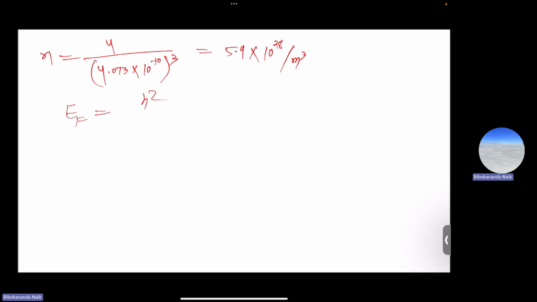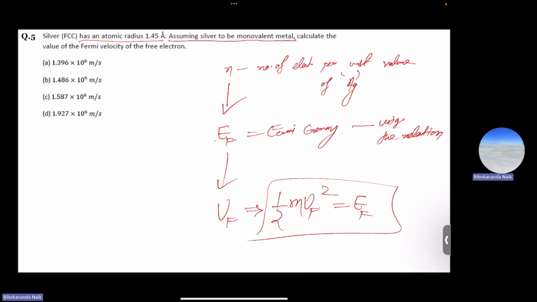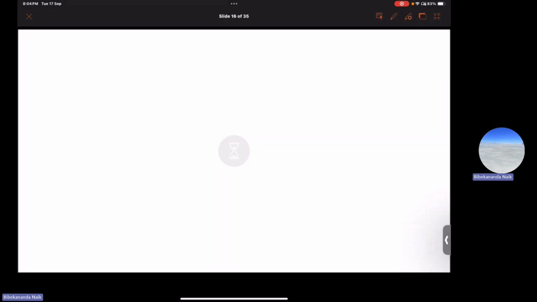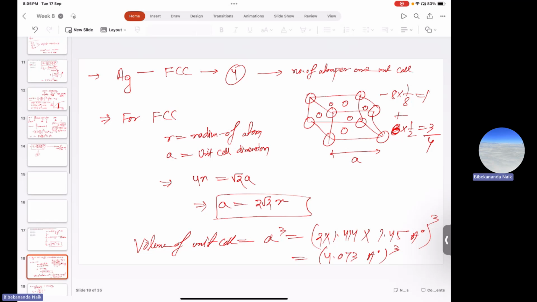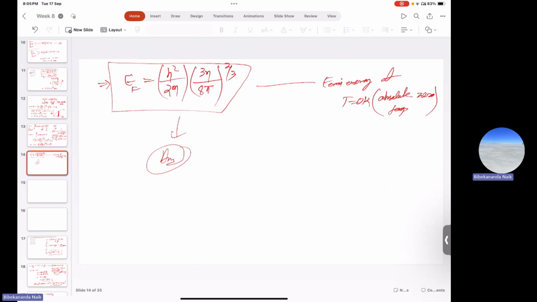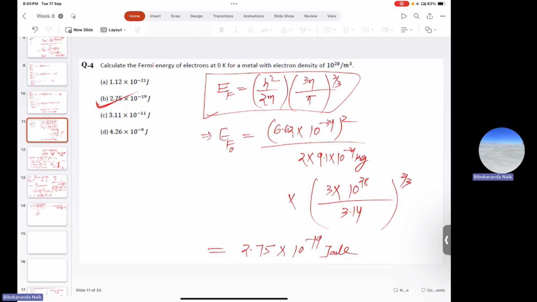EF will be h square by 8m, 3n by pi. So the formula is h square by 8m, 3n by pi, all to the power 2 by 3.